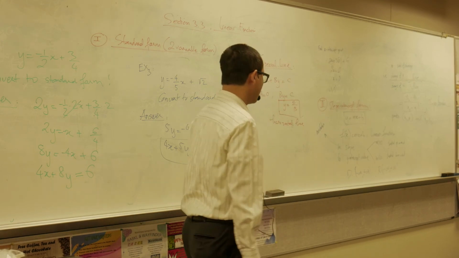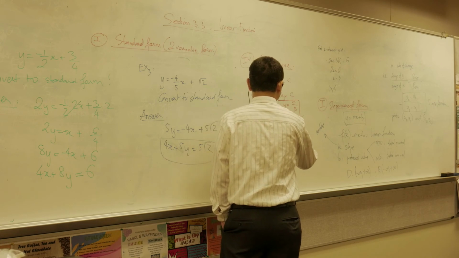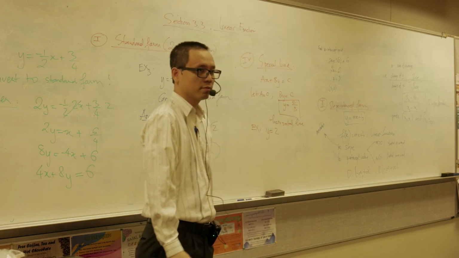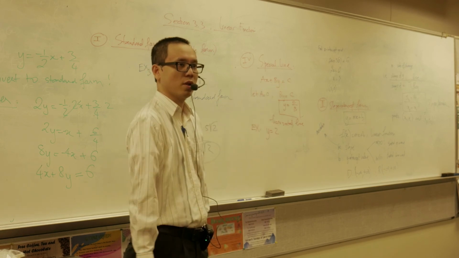For example, if y equals a number, it's a horizontal line.